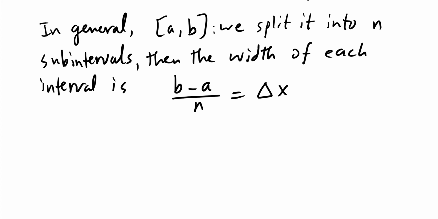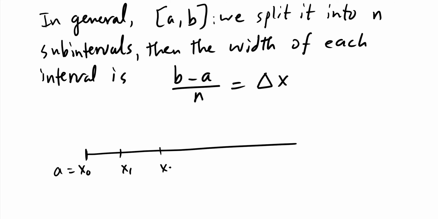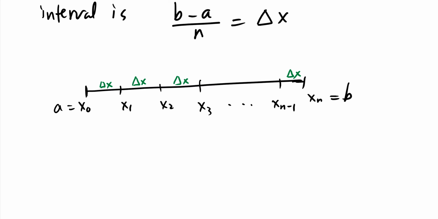That's the width of each subinterval or rectangle. On the number line I'm going to start with the first one, which I'll call x0, then x1, x2, x3, and this can go on and on till the last one, xn. Before that would be xn minus 1, and xn is the same as b. So the width of each one of them is delta x, all the way to the last one.